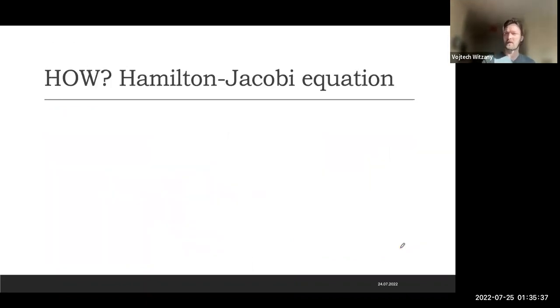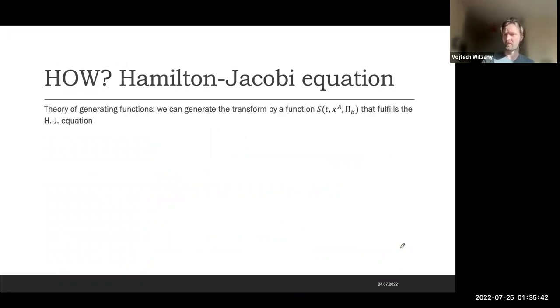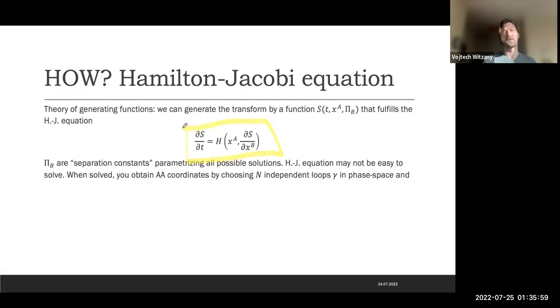So how do you actually do this in a generic Hamiltonian system? You go to the theory of generating functions, and you pick a generating function so that it generates a transform to these action angle coordinates. The equation that it has to fulfill is known as the Hamilton-Jacobi equation. You find solutions in principle, if you are lucky, which are parameterized by separation constants, or integration constants, that parameterize the families of the solutions.